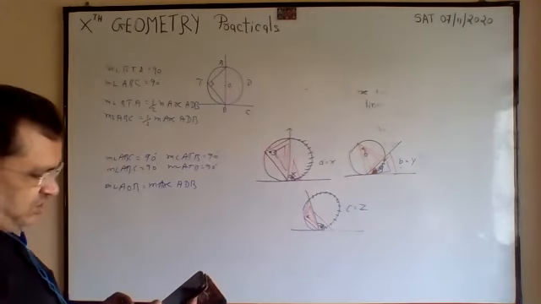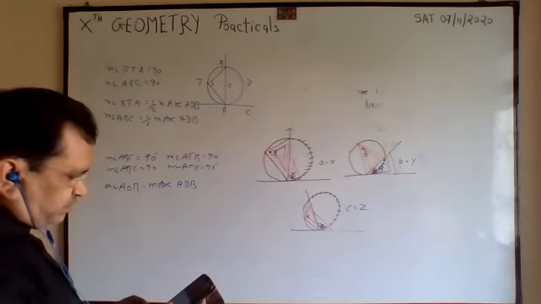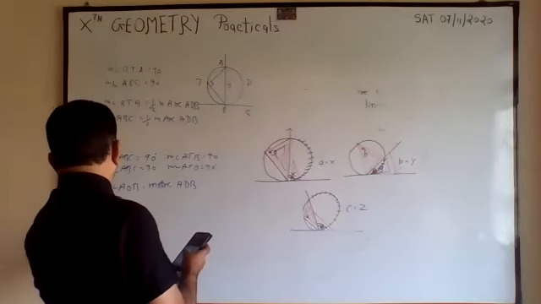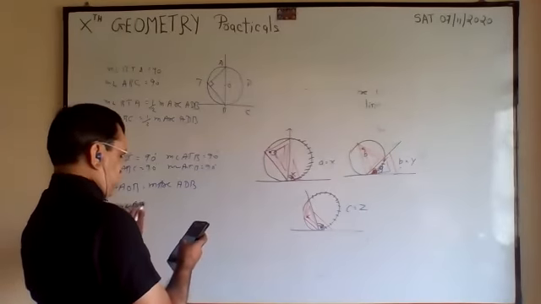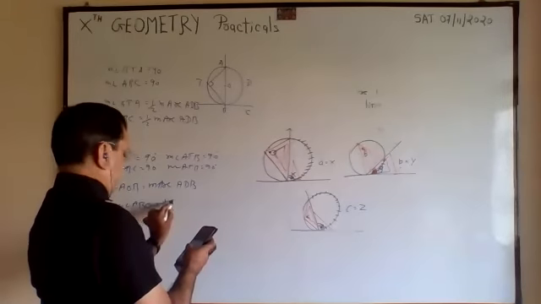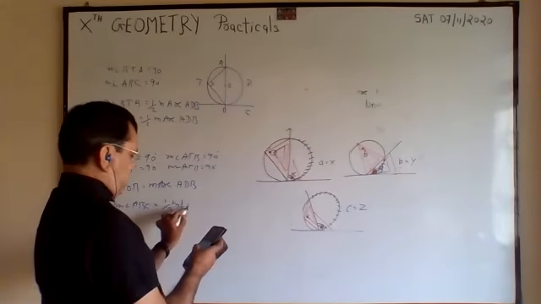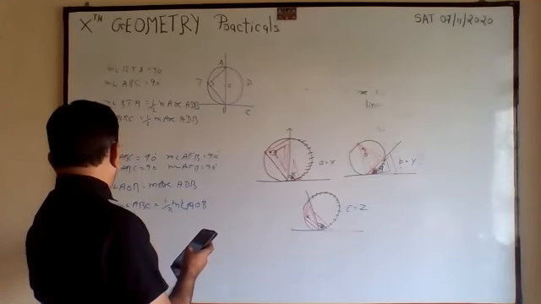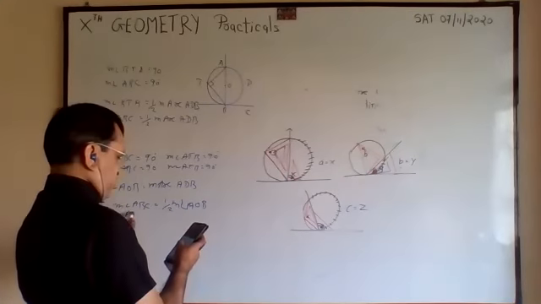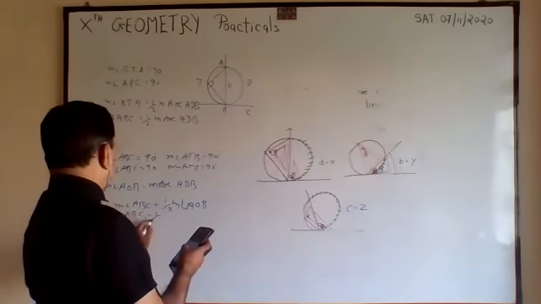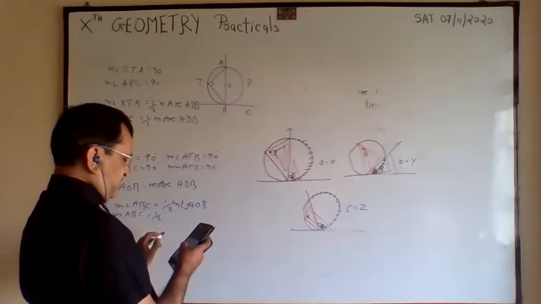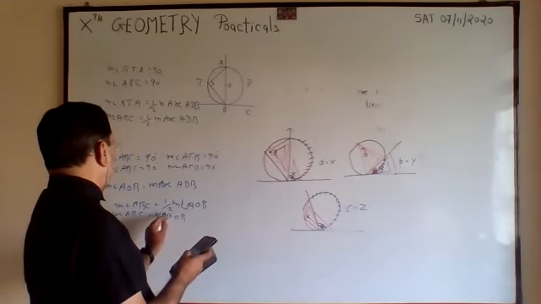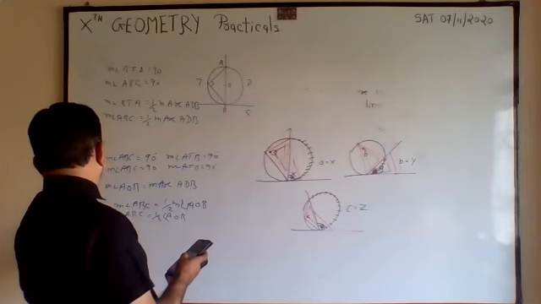So ABC is half of the arc. Measure angle ABC is half of measure angle AOB. That is correct. Then measure angle ABC is half of measure angle AOB from figure A and from figure B.